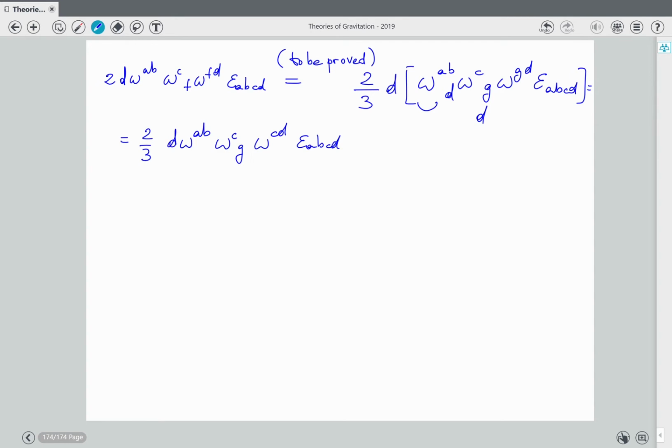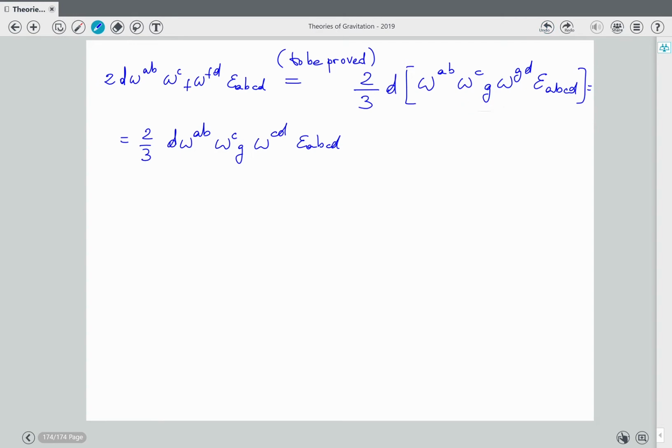And as you may imagine, as usual, those two give the same contributions, which is easy to prove because they have one contracted index and then they have C and D. So when you exchange the two, you have a minus from the commutation of the one forms, and you have a minus from the rearrangement of the indices C and D in epsilon.